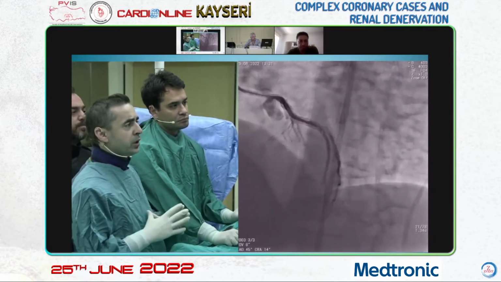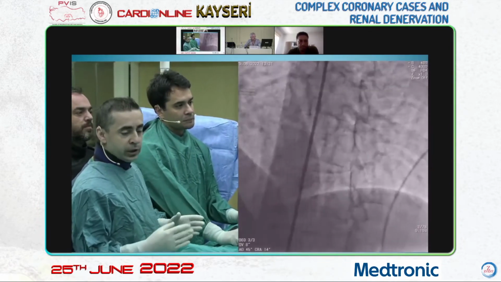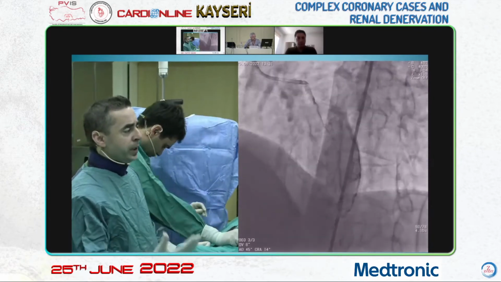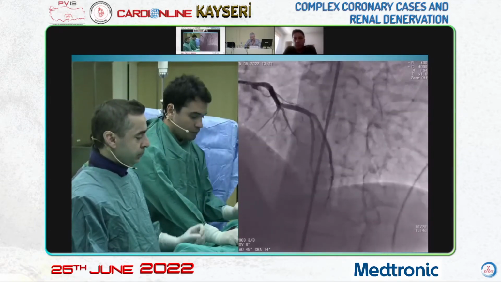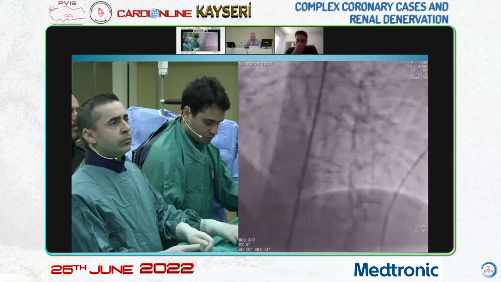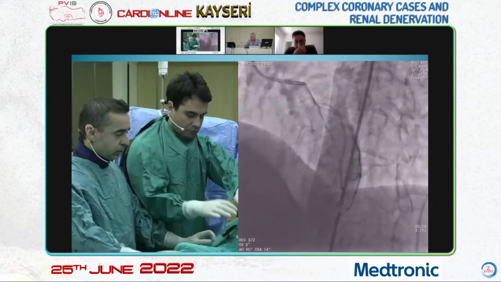Before the panel, we wanted to pass the lesion with an IVUS to see the diameters of the vessel. What are the recommendations of the panel? Let's talk about your approach. There is a little flow, there is a micro channel.